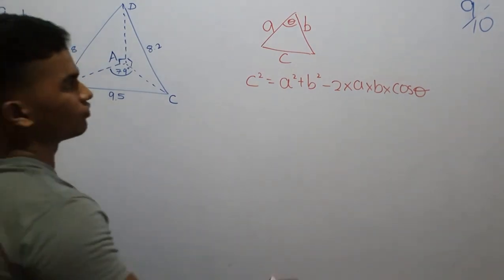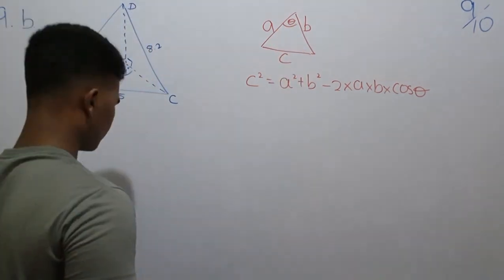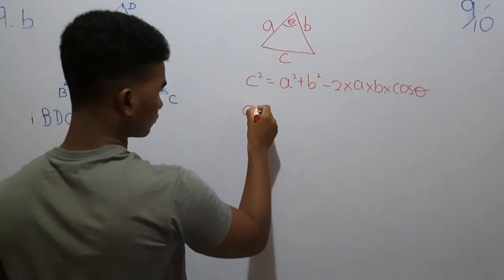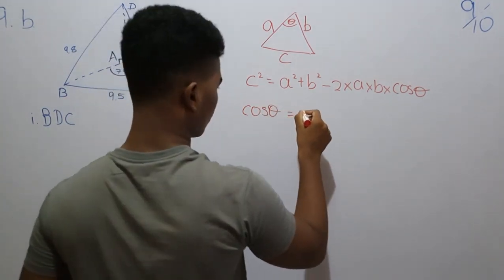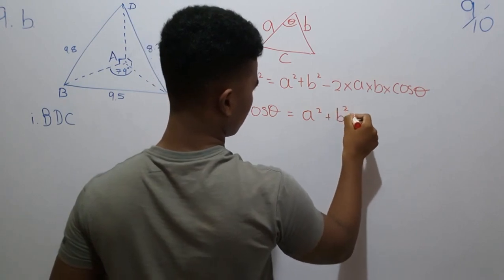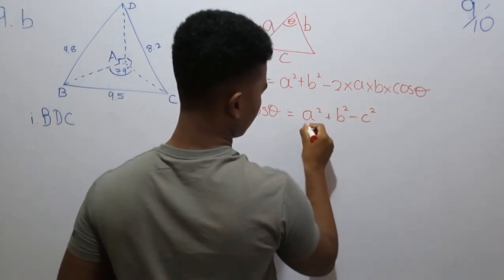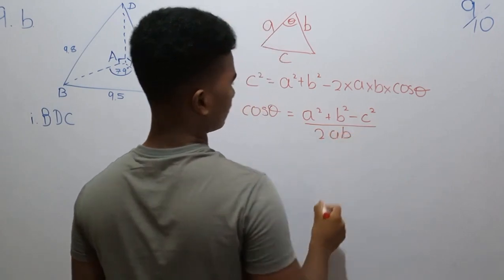So if you are writing the equation for cos theta, it is equal to A square plus B square minus C square divided by 2AB.